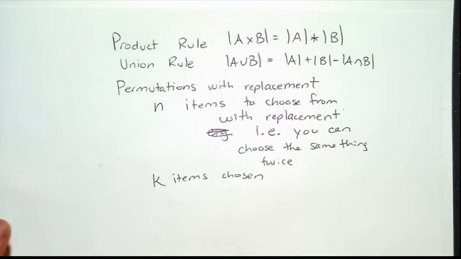So what's the formula if I have n items to choose from and I choose k of them? This is a permutation where order matters. So it's just like the initial license plate problem you guys had, where you found that the answer was 36 to the 7th. So it is what? N to the k.